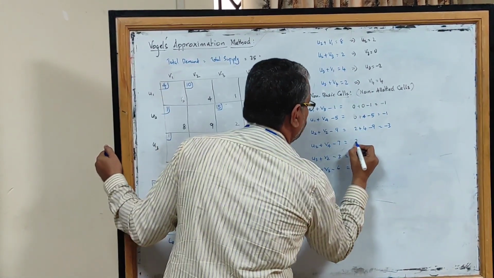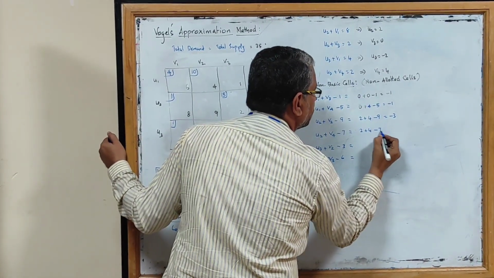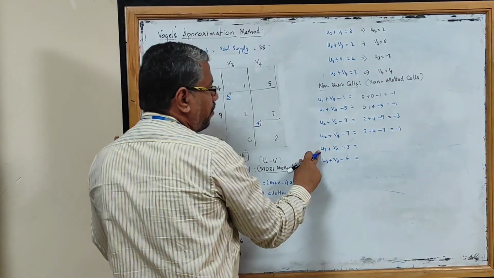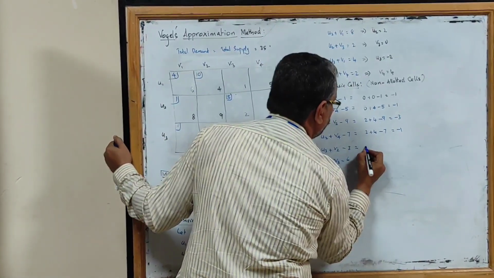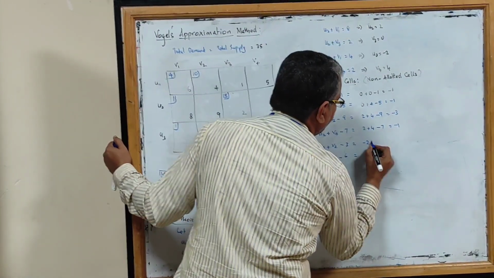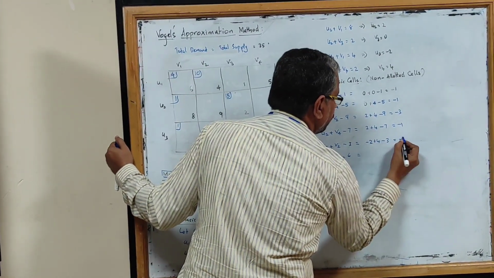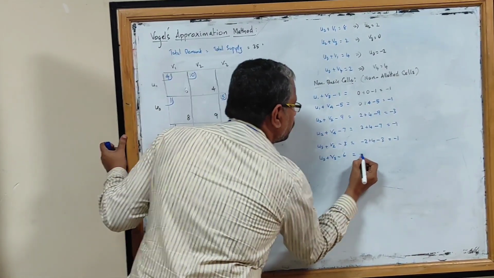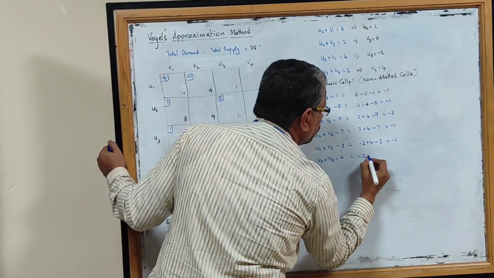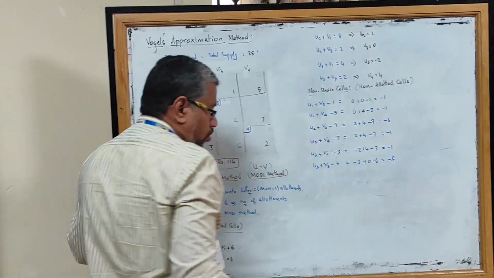Next, U2 2, V4 is 4 minus 7 equal to minus 1. U3, what is the value of U3? U3 is minus 2. V2 is 4 minus 3, that is minus 1 again. U3 again minus 2. V3, what is V3? V3 equal to 0 minus 6 equal to minus 8.